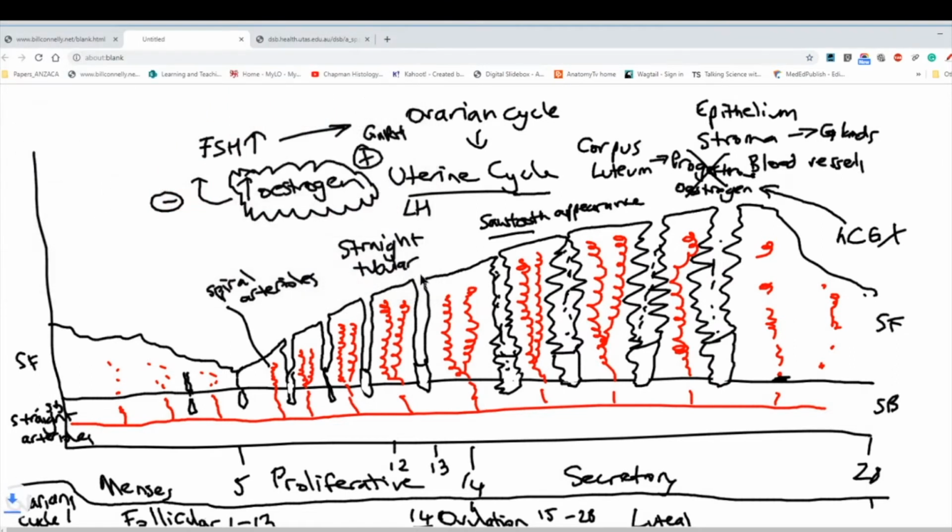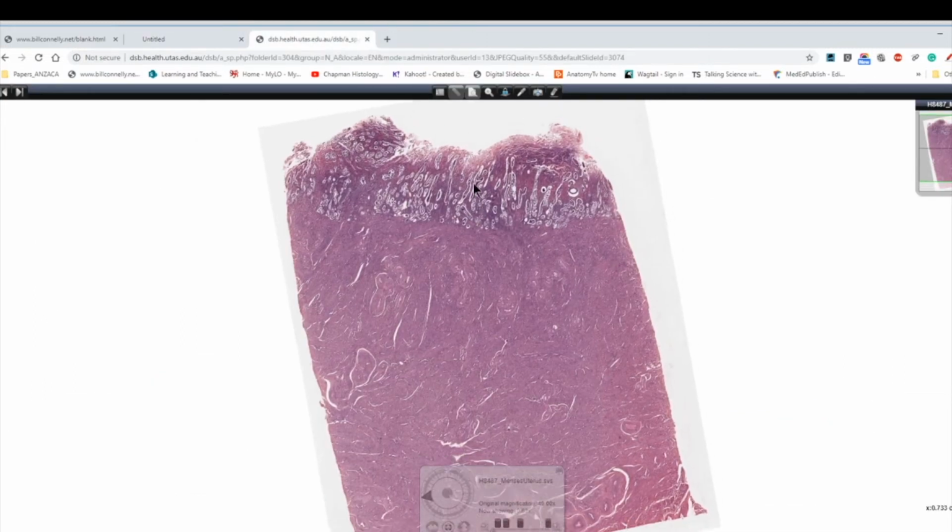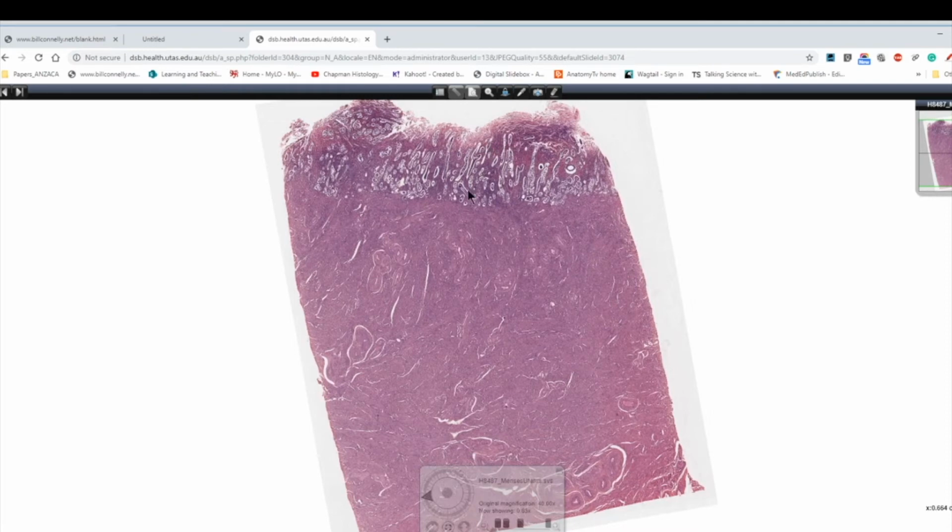So we might actually have a look at some of those sections. I've got a section of the menses uterus, the proliferative uterus, and the secretory uterus, and we can have a look at what they look like under the microscope. So this is menses here. Here we have the endometrium.